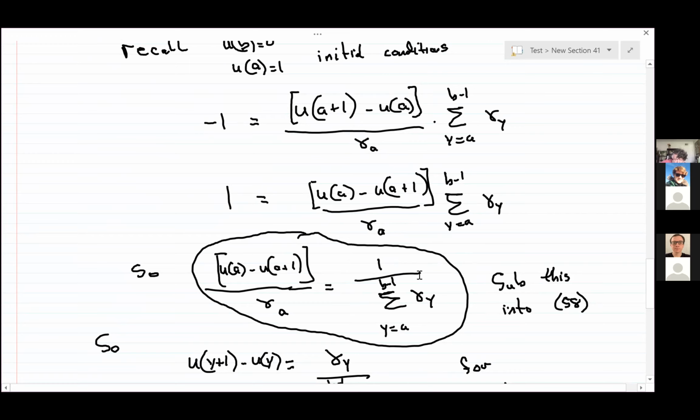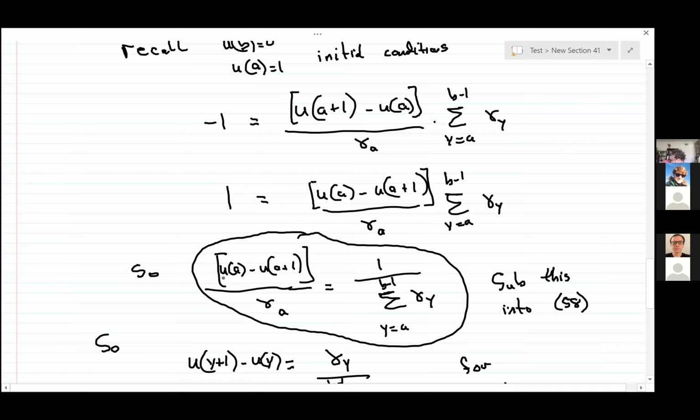So okay, what's the easiest way out of this? Easiest way out of it is, this is all true. But what I want to substitute in, I need UA plus 1 minus UA. So I really want this to be plus minus. So I want the negative of both sides of this equation.